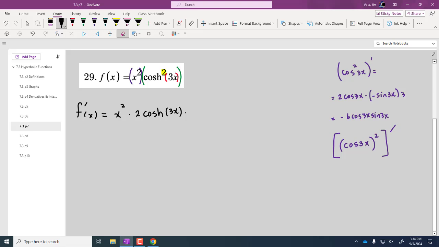The base is cosh of 3x. That derivative is sinh of 3x multiplied by 3. So there is first derivative second. First derivative second plus the derivative of the first multiplied by the second.